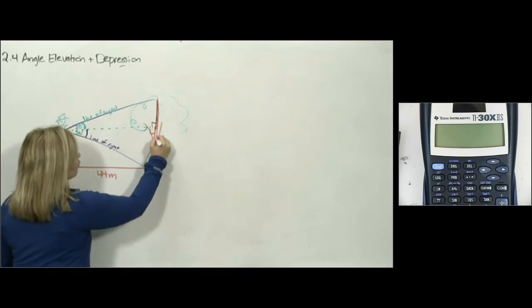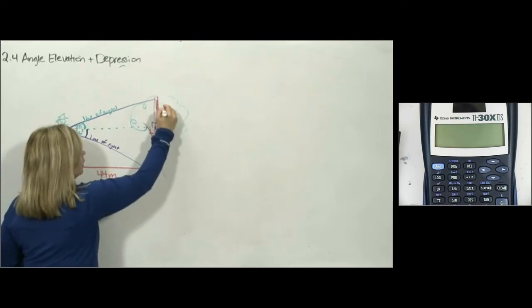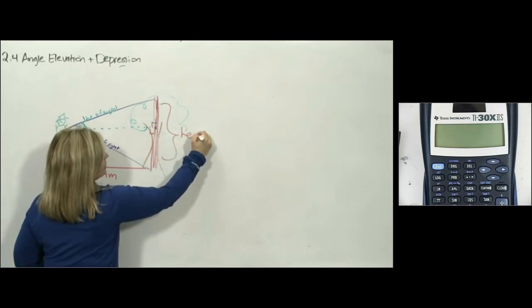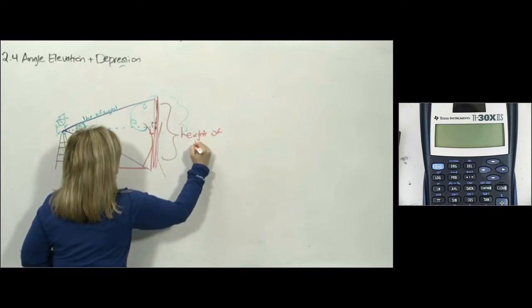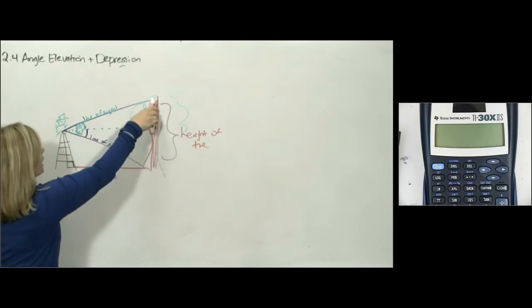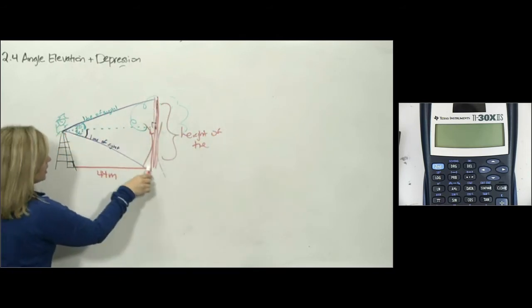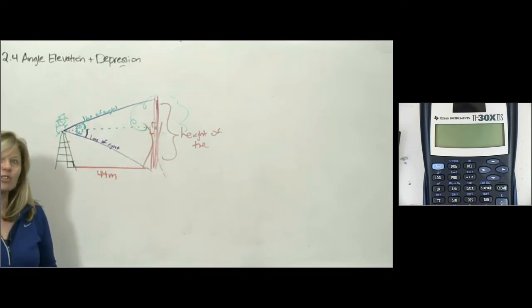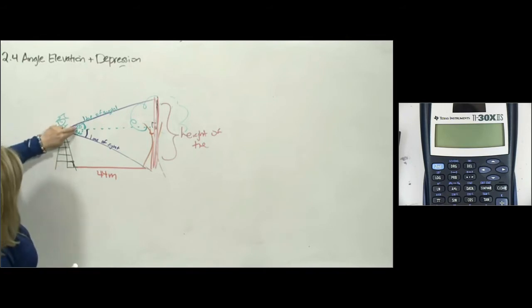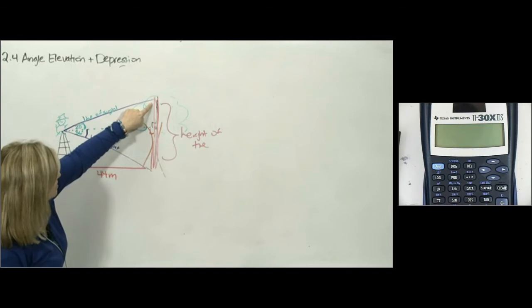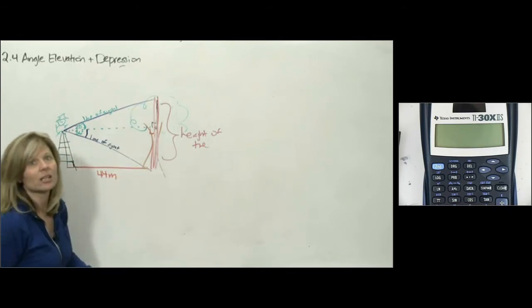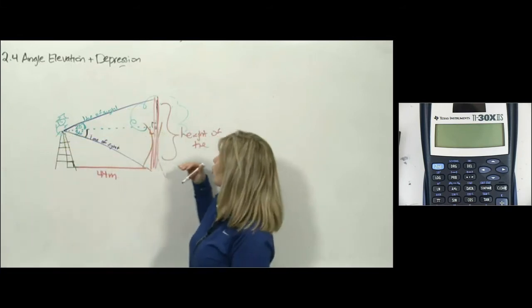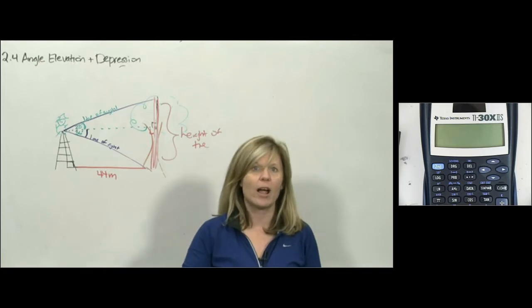Miss Black, if you go from here to here, which is the height of the tree, I agree, from here to here to here makes a triangle. But is that a right triangle? No, because these two angles don't add together to make 90. And right here, that's not 90. And here, that's not 90. Remember, in order to use trigonometry, we need a right triangle.